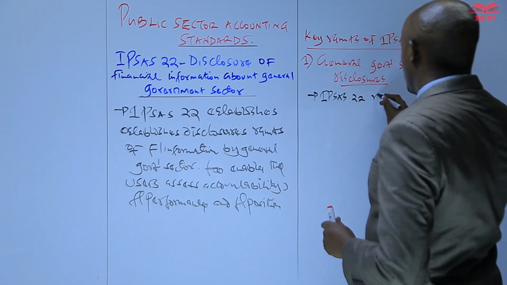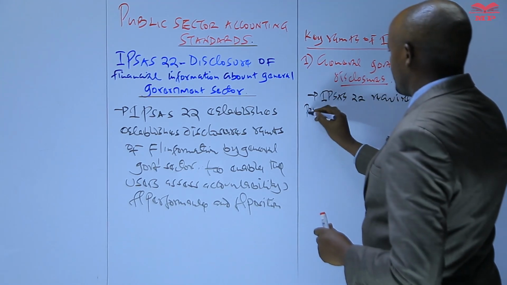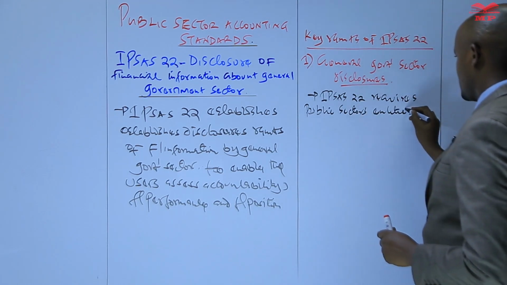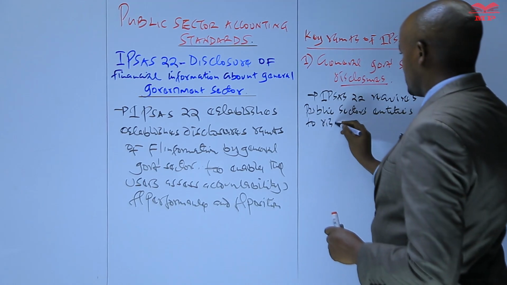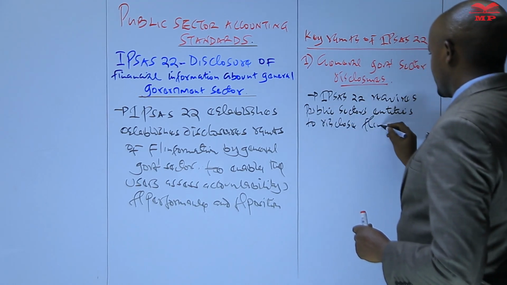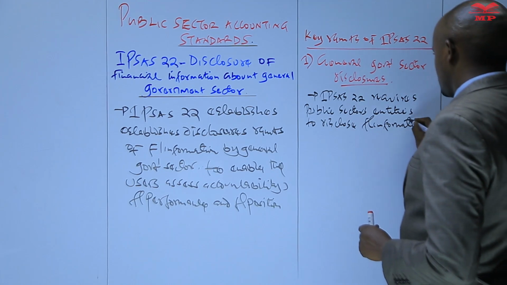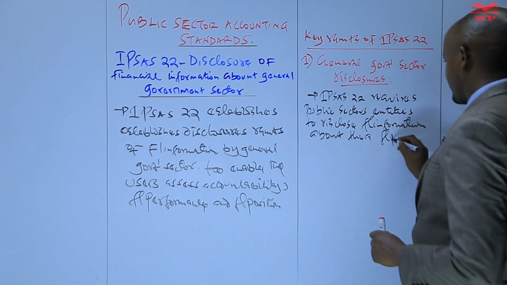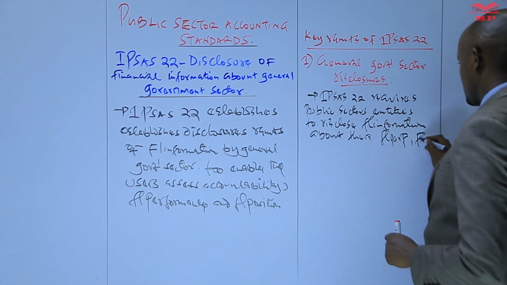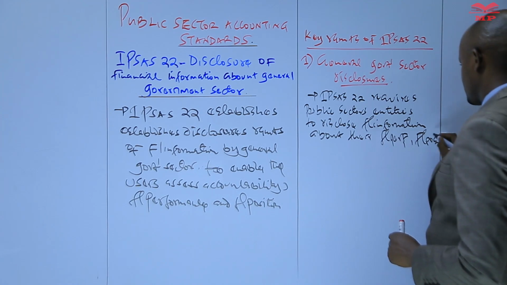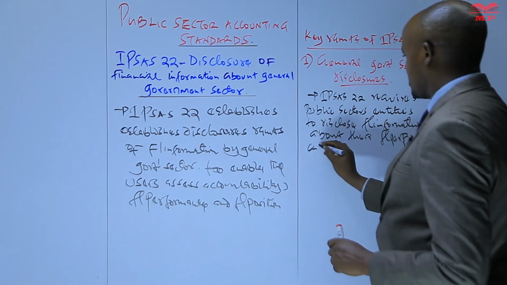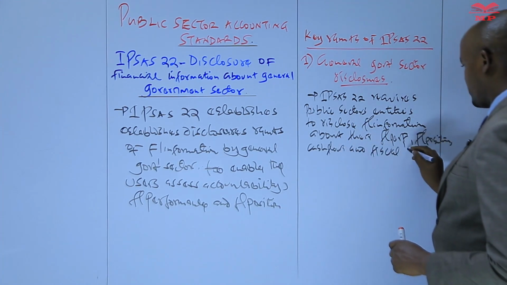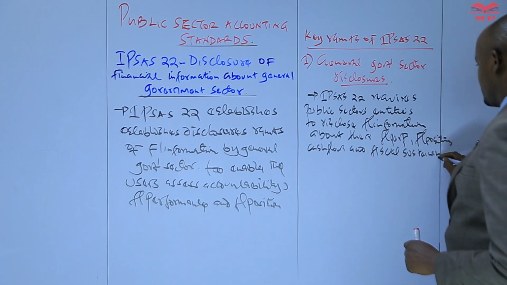So therefore, first of all, we can say that IPSAS 22 requires public sector entities to disclose financial information about their financial performance, their financial position, cash flows, and their physical sustainability.